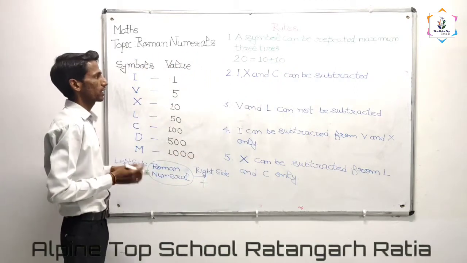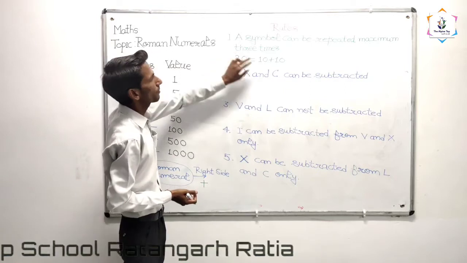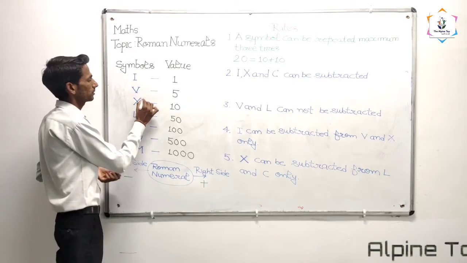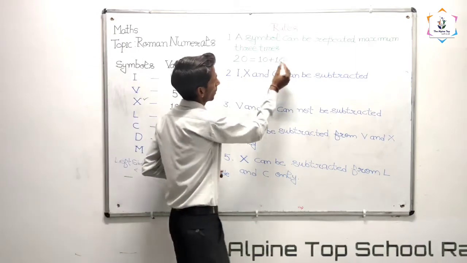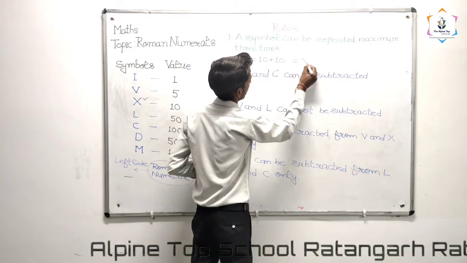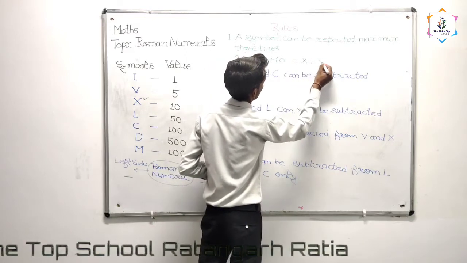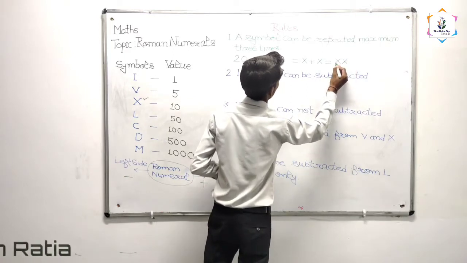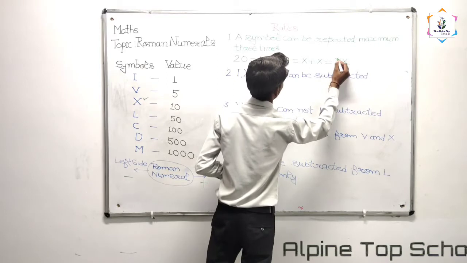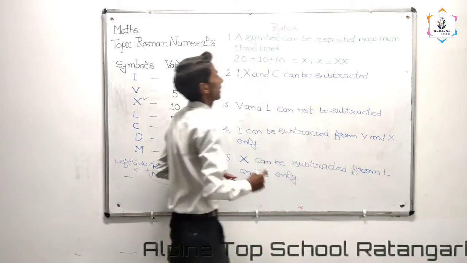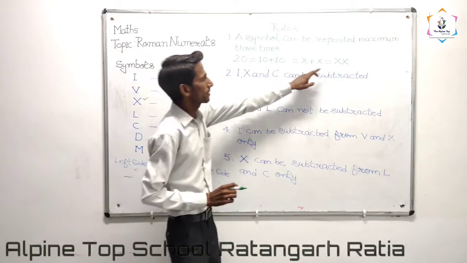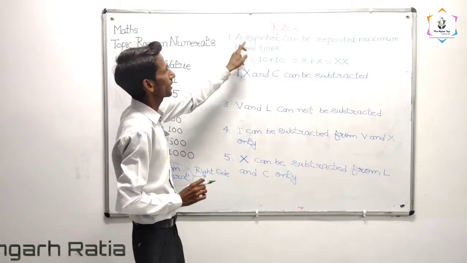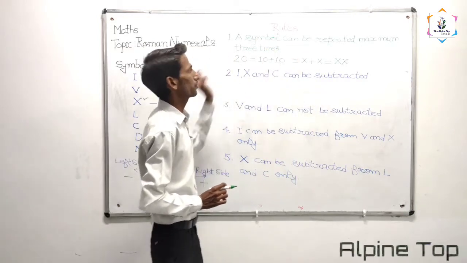It means for 20 we have to repeat 10 two times, and for 10 we have the symbol X. It means 20 we can write in Roman numerals as X plus X, double X. Double X is the Roman numeral for 20 that we can use. It means any symbol can be repeated maximum 3 times.